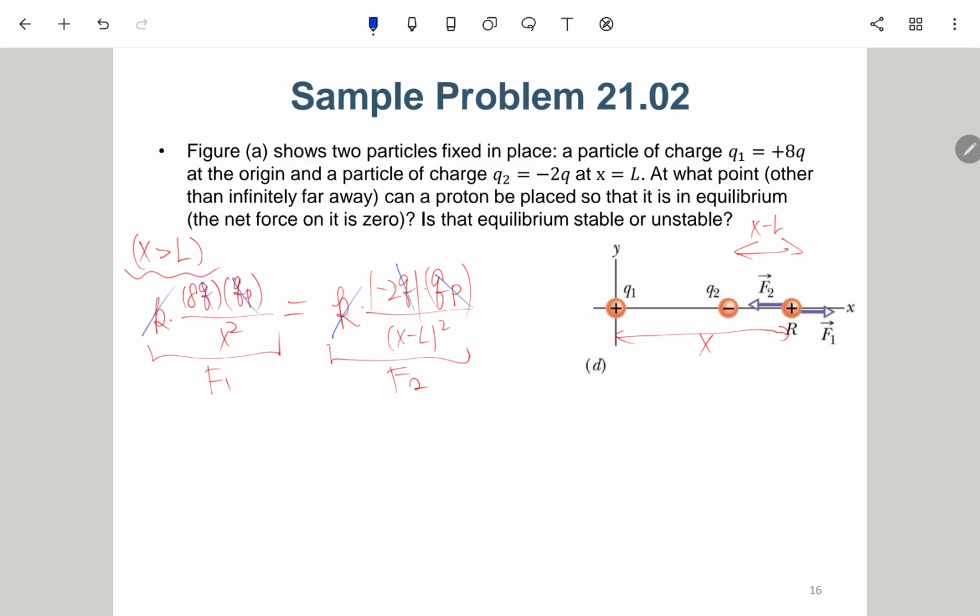The 2 can cancel the 8 down to a 4. It remains a second order algebraic equation, so we just cross multiply: 4 times (x squared minus 2xL plus L squared) would be equal to x squared.